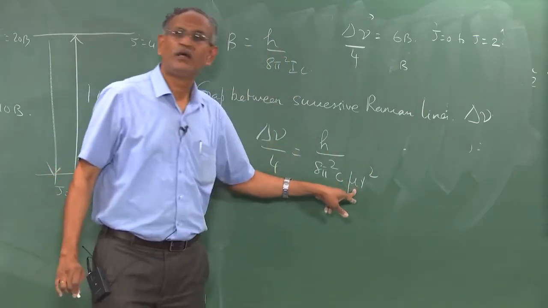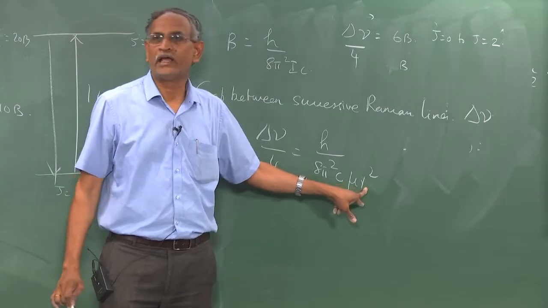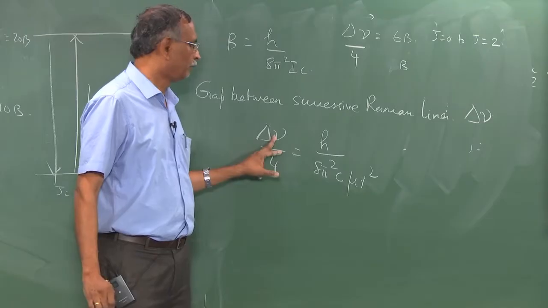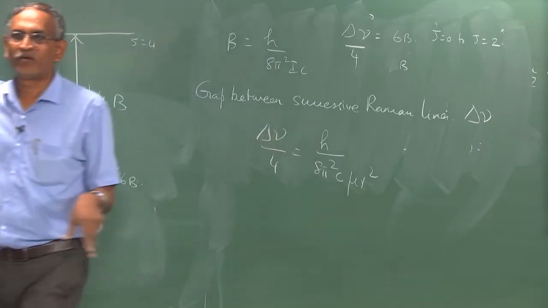You know the reduced mass, therefore you can calculate the bond length very, very accurately for the molecule if you can measure rotational Raman lines.